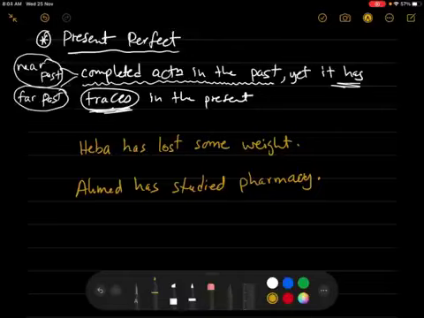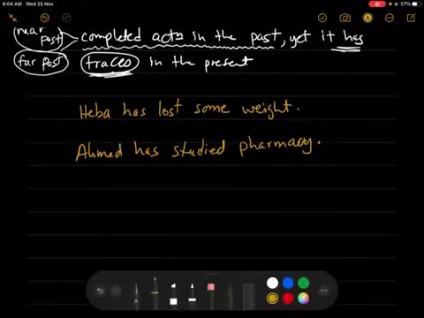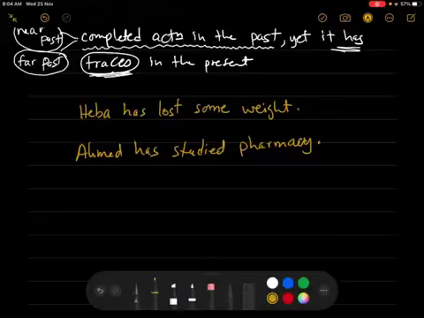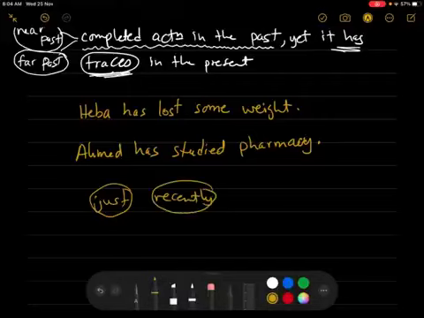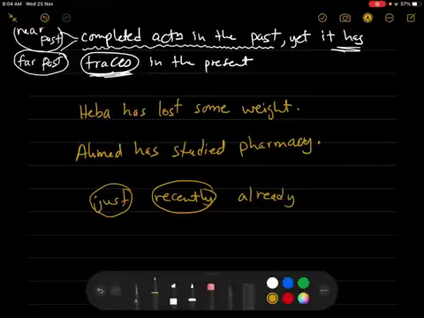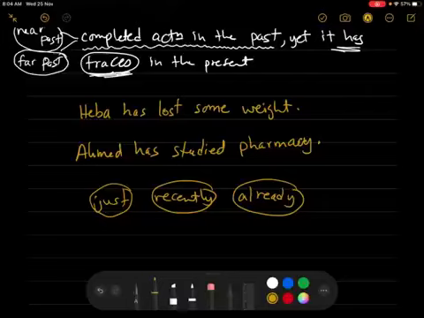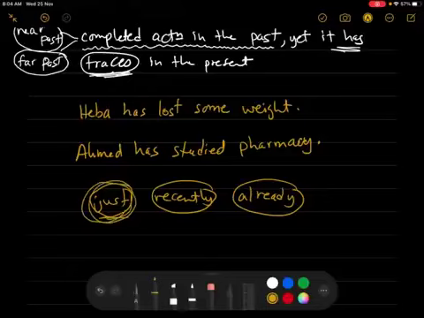Okay? So native speakers, when they use present perfect and want to refer to roughly when the action was completed in the past, can use words like just, recently, already, just to give a small and simple idea that the action was completed in the near past rather than in the far past.